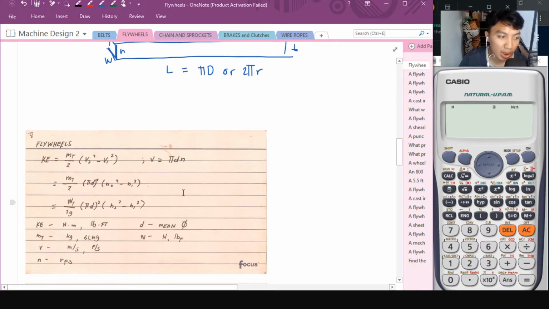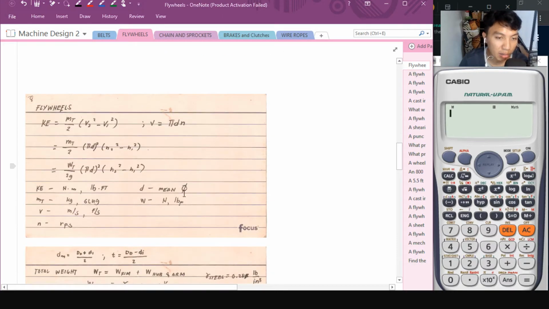How about the summary of the kinetic energy? For kinetic energy, if you are given different variables, different speeds, if you are given the linear velocity, this is the value. The mass of the flywheel is equal to weight over gravity, 2g, multiplied by v2 squared minus v1 squared.